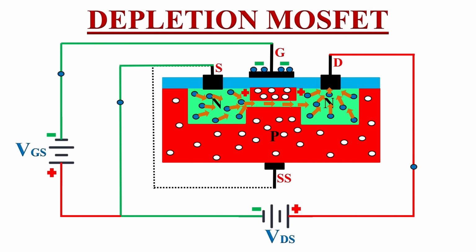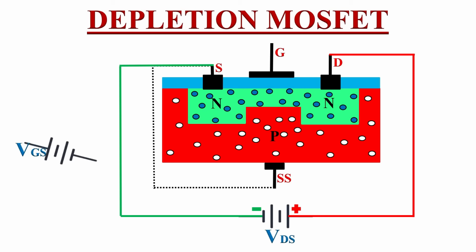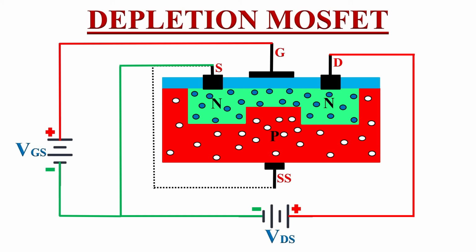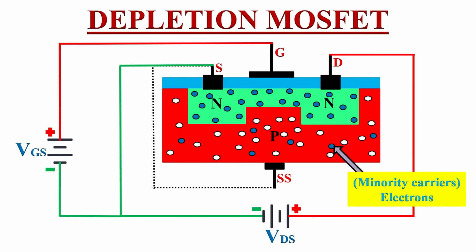So now let's see what happens when we apply a positive voltage VGS at the gate terminal. As we know, the minority charge carriers in this P-type substrate are electrons. So whenever we apply the positive voltage at this gate terminal, the gate terminal becomes positively charged.